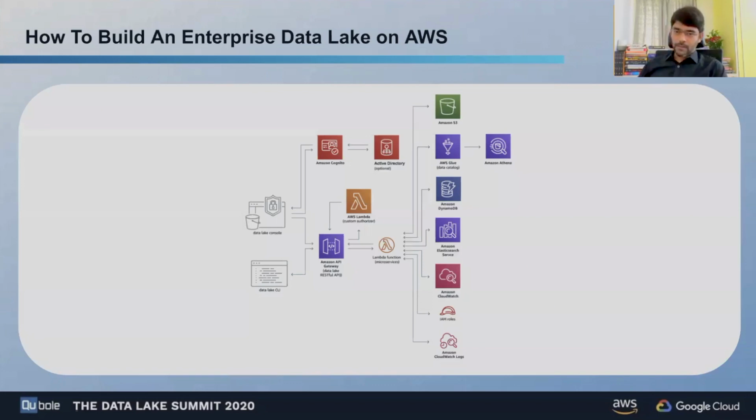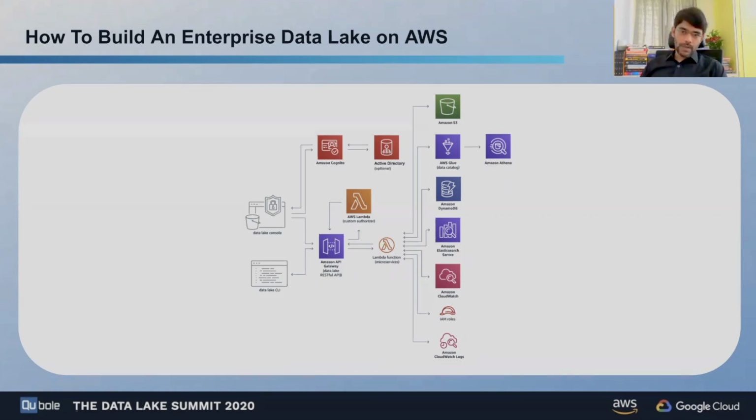Athena is basically managed Presto, a serverless querying tool. You will be able to write queries and analyze your data, performing ad hoc or interactive analysis. And if your workload benefits from a high-throughput NoSQL database for both reads and writes, then DynamoDB is the right database.